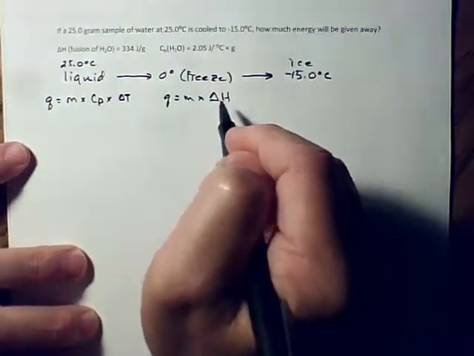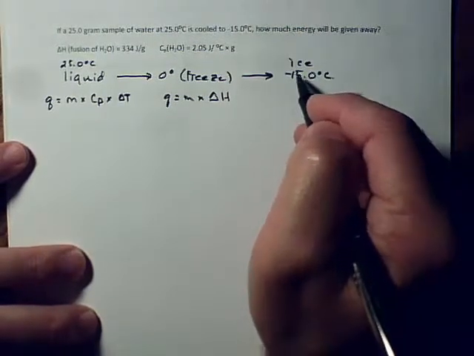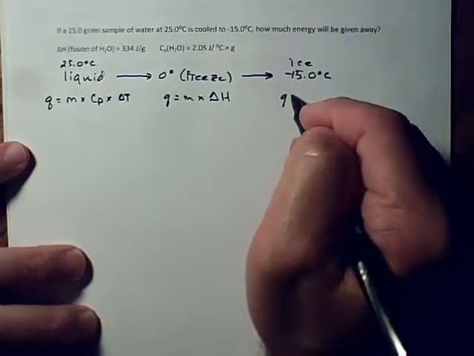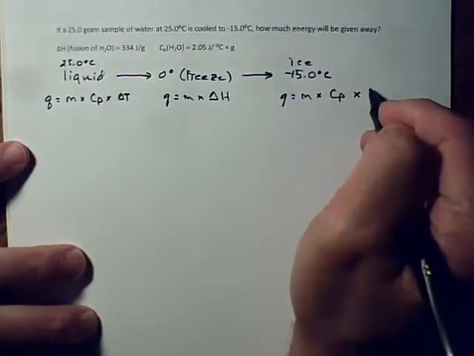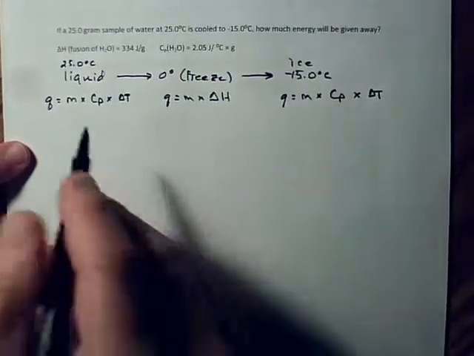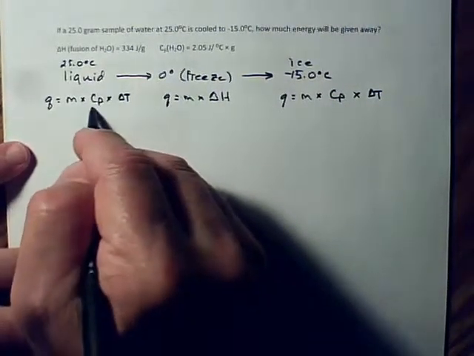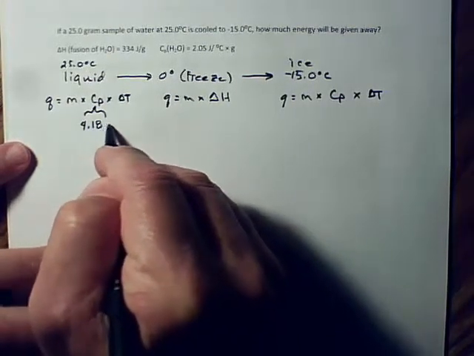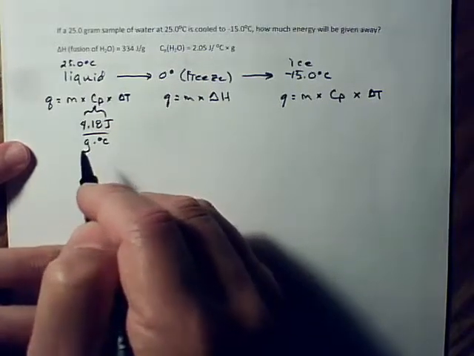That applies to this case. And when we get to cooling down the ice from 0 to negative 15, then we use Q equals mass times specific heat times the change in temperature. Now this specific heat is different from this one. This is the one for liquid water. This specific heat is 4.18 joules per gram per degree C.